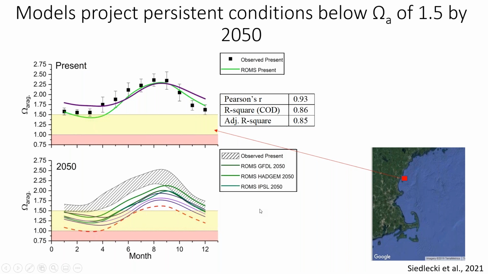You can see that the ROMS model using the empirical biogeochemistry projects persistent conditions below that threshold for the first 5 months of the year in this location. It also projects a shift in the seasonality of aragonite saturation state, with the maximum values occurring in September instead of August as they were in the control.